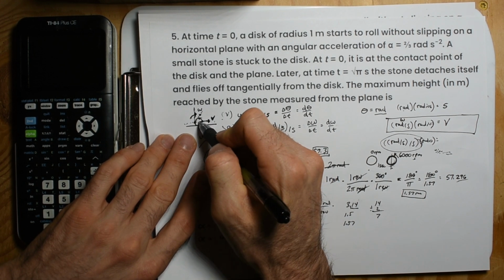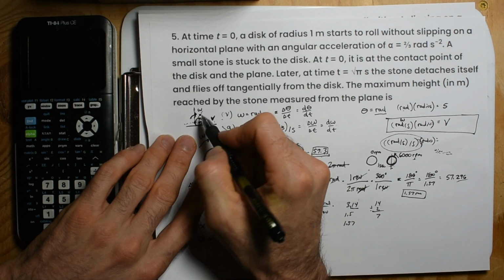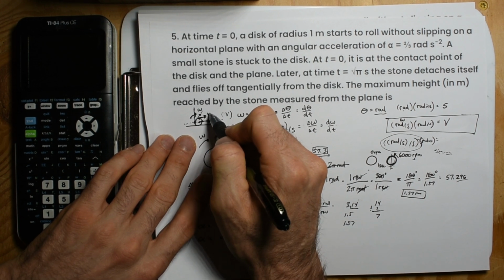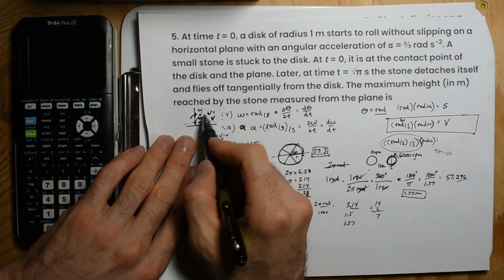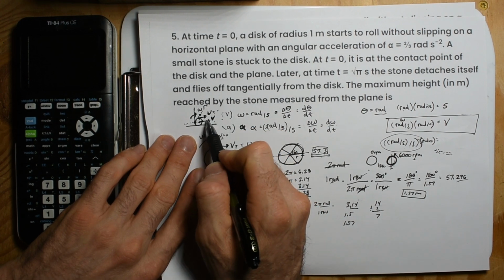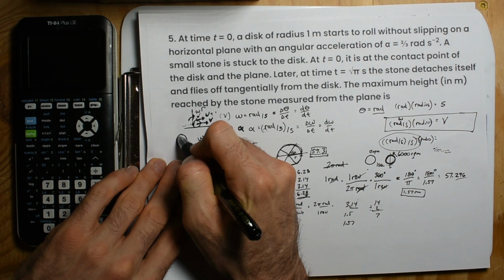So at any point, if this is the velocity of it, you're going to have the tangential velocity. If you're at the top, the omega r is going to be your tangential velocity of just a rotating disk.